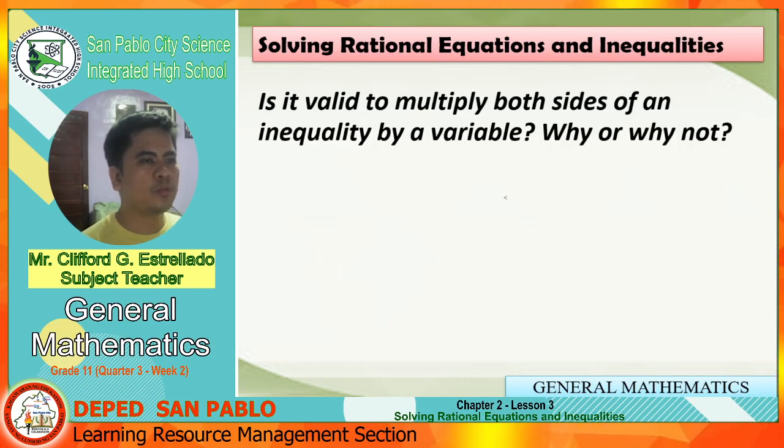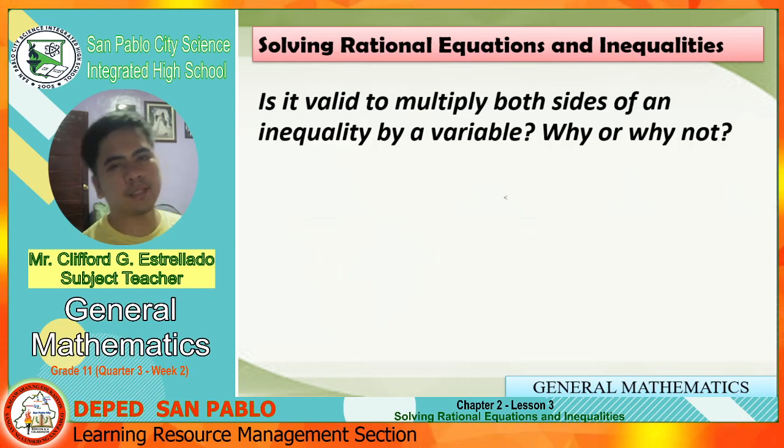Next, let's proceed to solving rational inequalities. So the question is, is it valid to multiply both sides of an inequality by a variable? Why or why not? In our rational equation, to get rid of fractions, we multiply both sides of the equation by an LCD.